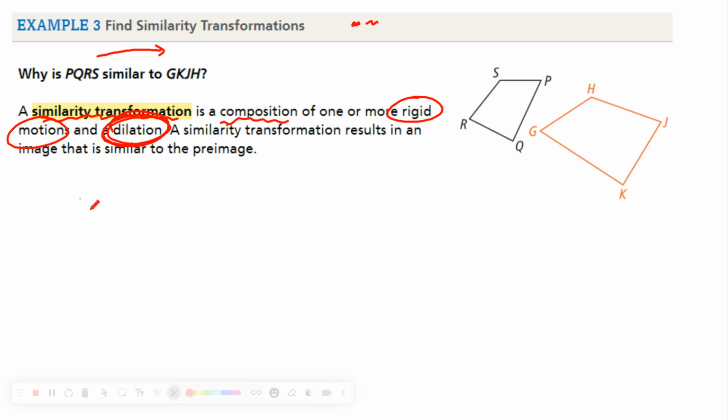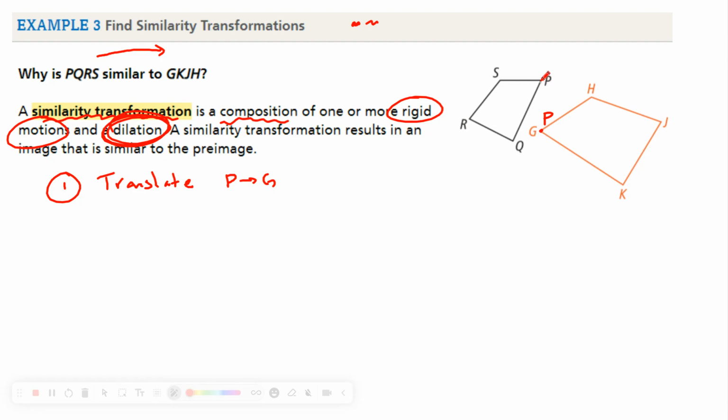So the first thing I'm going to do, number one, is a translation. When I do this translation, I'm just going to line up P with G. So I'm going to translate this straight down so that P and G are now the same point.